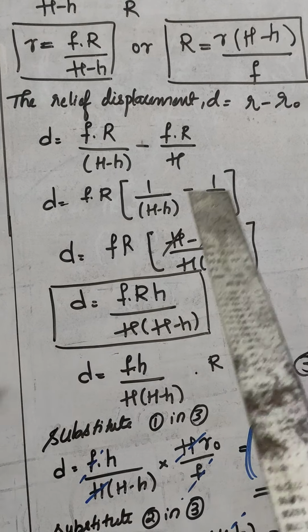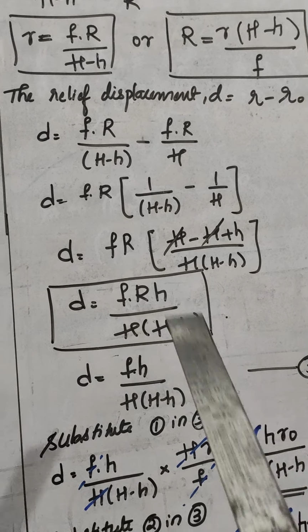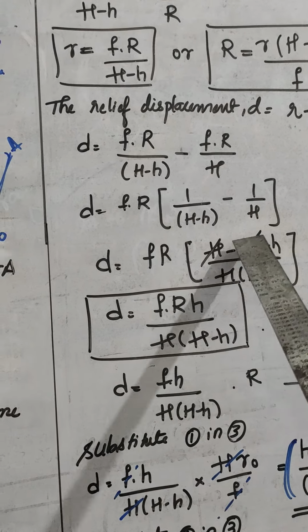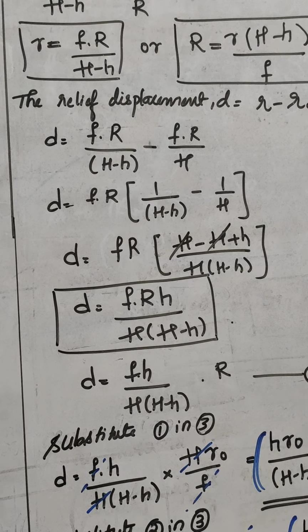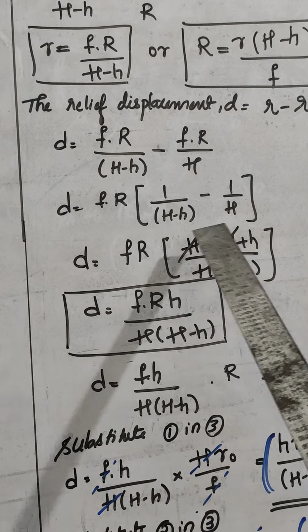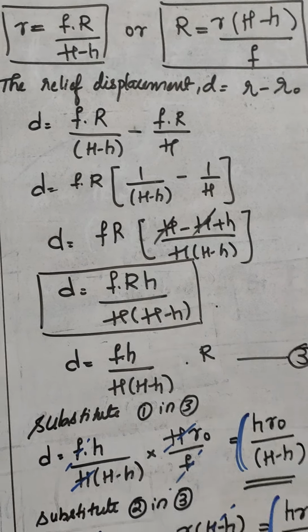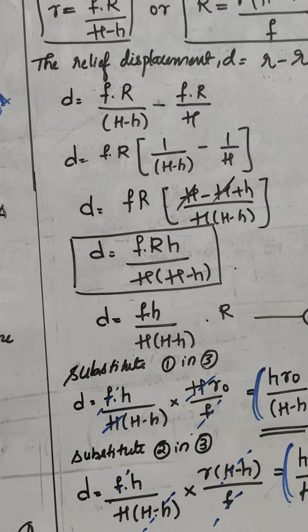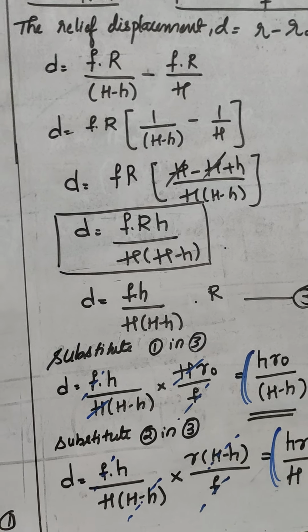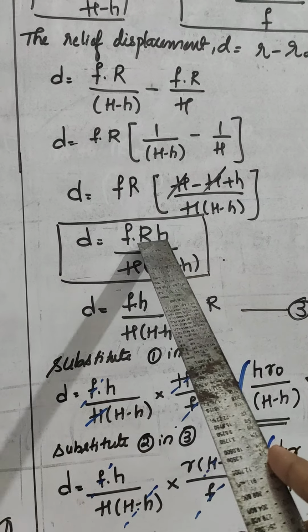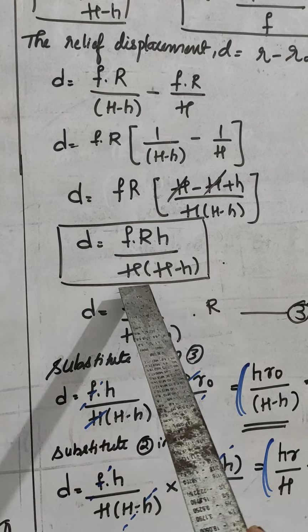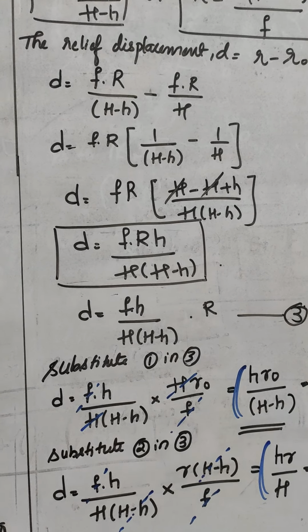When you simplify, the capital H gets cancelled, since it is plus and minus, and small h remains. So this is the final formula for relief displacement: D is equal to f r h divided by capital H into bracket H minus h.